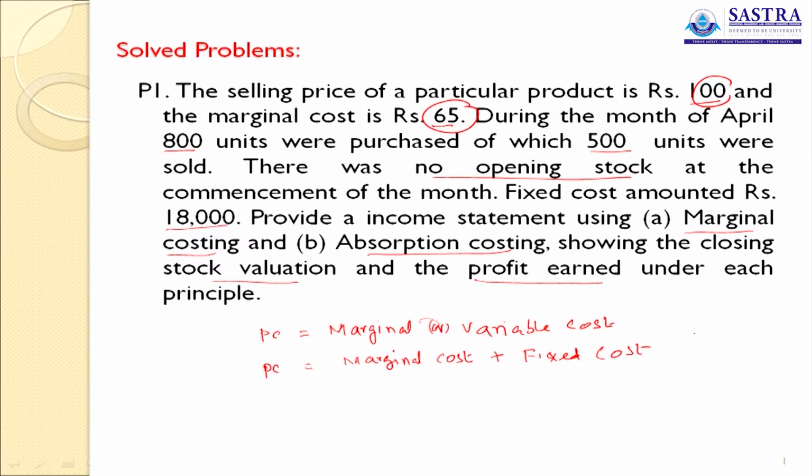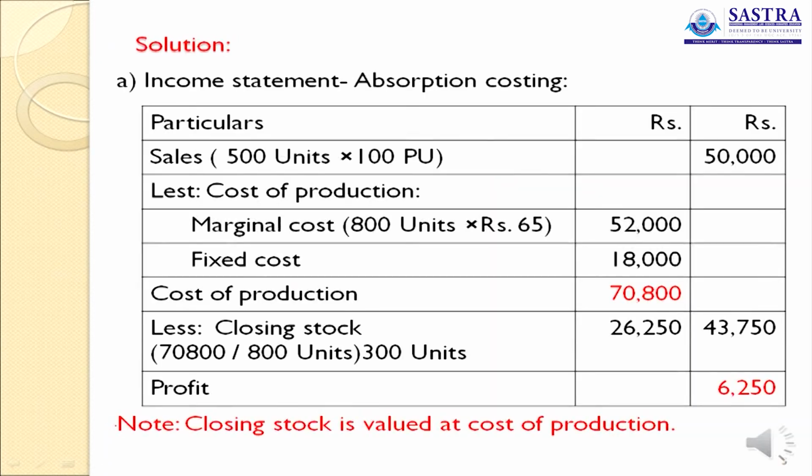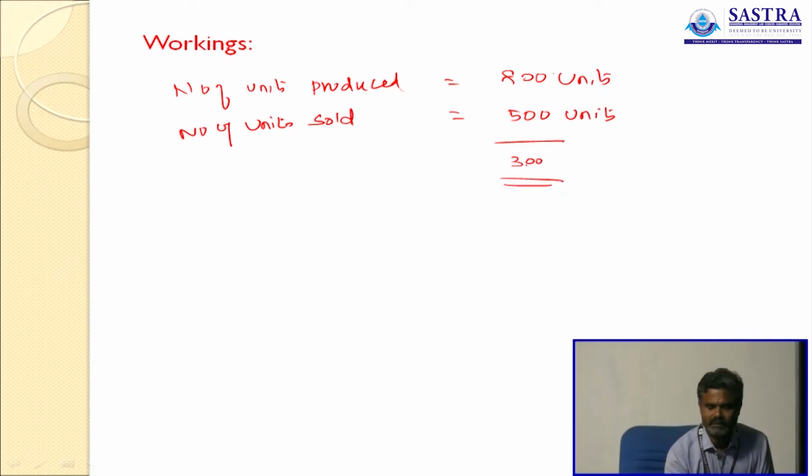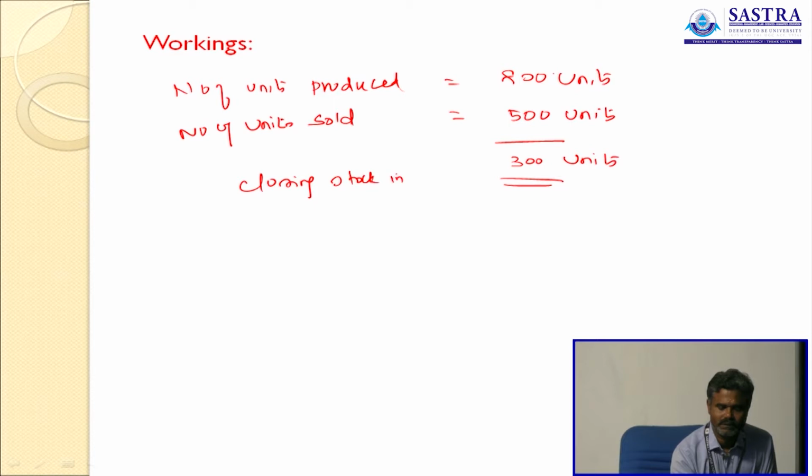So here the number of units produced is 800 units, number of units sold is 500 units, the balance 300 remains unsold. This is closing stock in units.